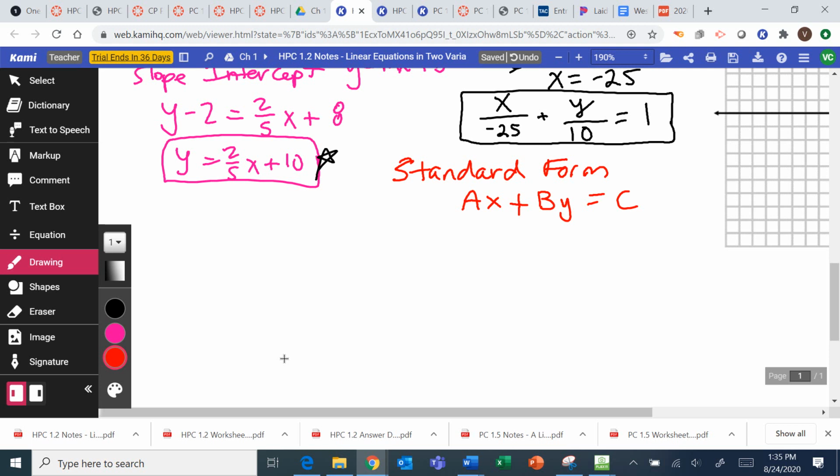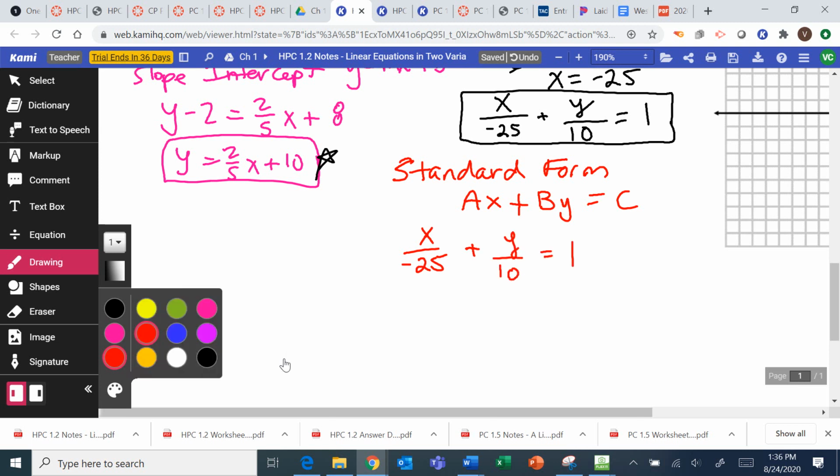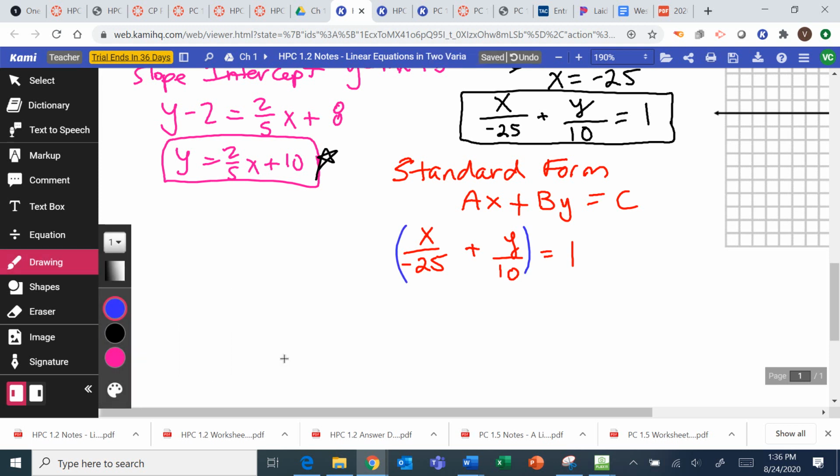How can we take this intercept form and make it so that we do not have fractions, so that we do not have denominators? What can we do? We're going to manipulate it. Who can answer for me before I just pick somebody? Who can answer? How can I get rid of fractions?